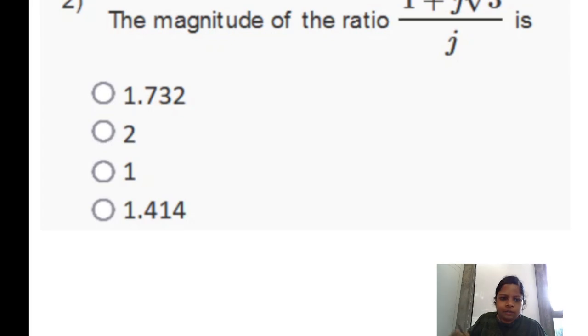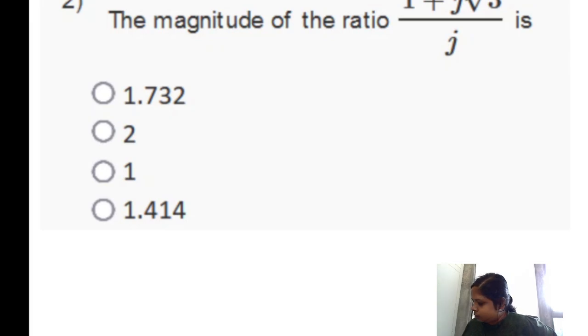Okay, has anyone got the answer? So what we do is we take the square of the real part plus square of the imaginary part under root, and we get 4, which is equal to 2.